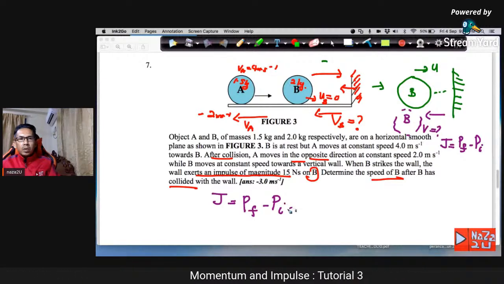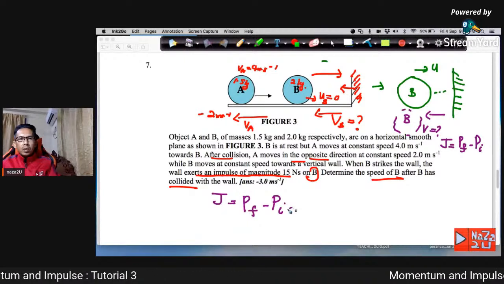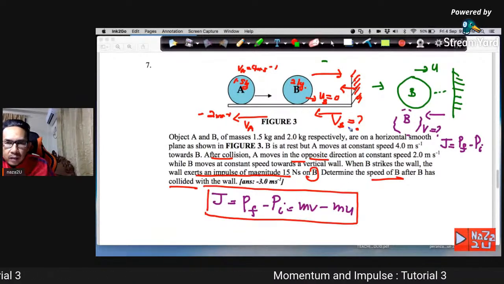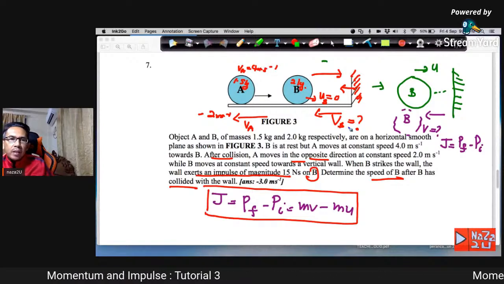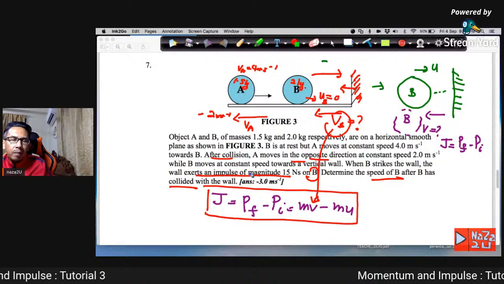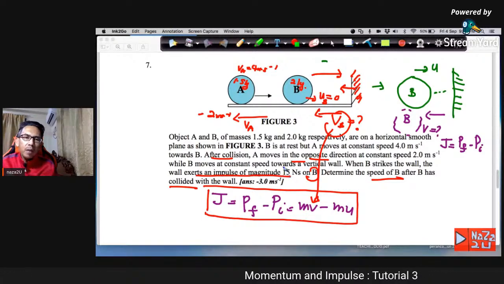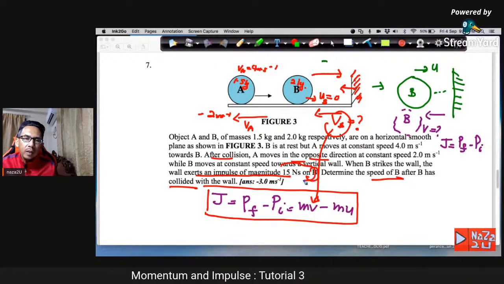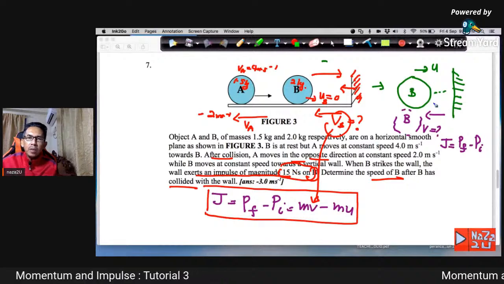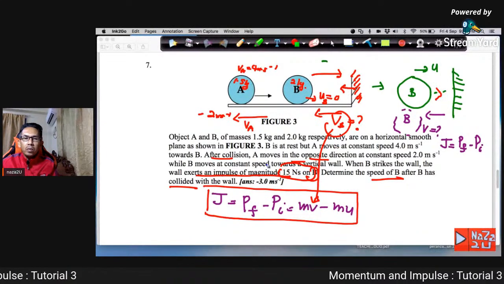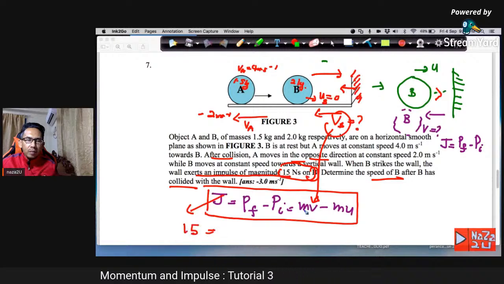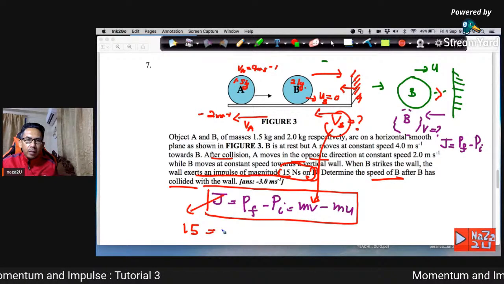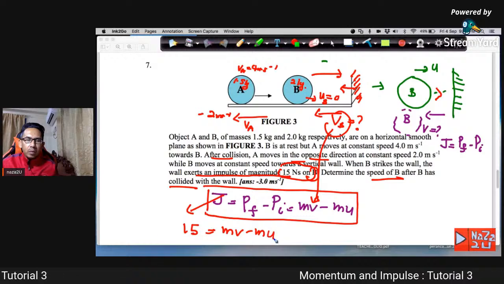We want to find V here. The information given is that the magnitude of the impulse is 15 Newton second after object B collides with the vertical wall, so J here is 15. Now we can use the equation mV minus mU.